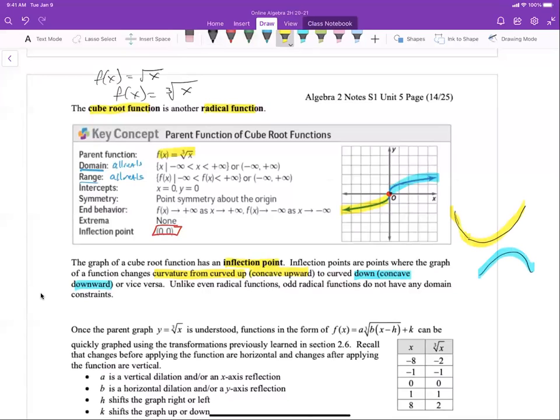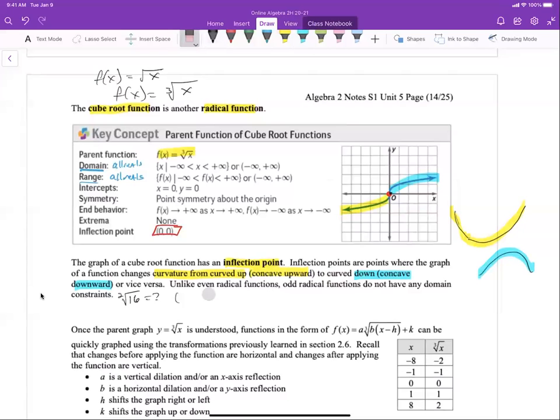Unlike even radicals, odd radical functions do not have any domain constraints. So remember, if I ask you what the square root of 16 is, what we're asking for is what number multiplied by itself twice is equal to 16.